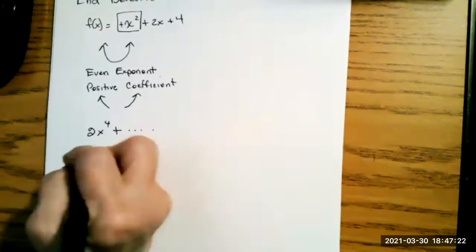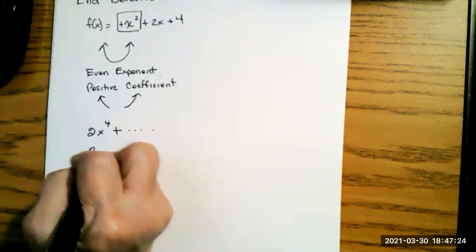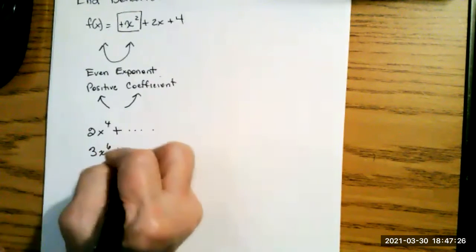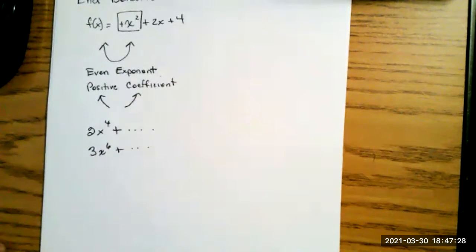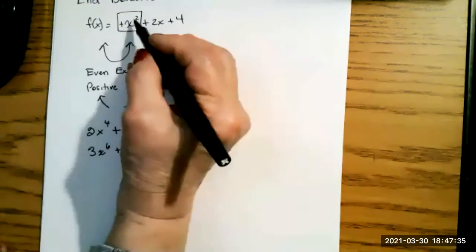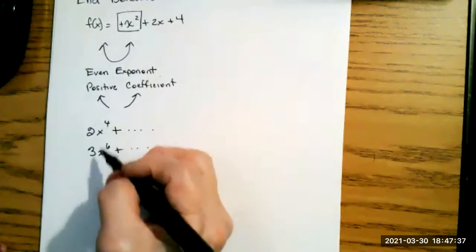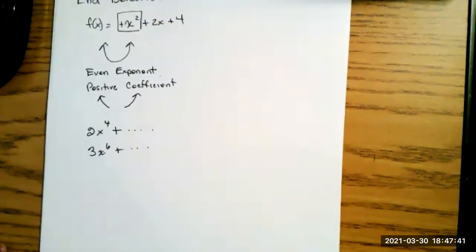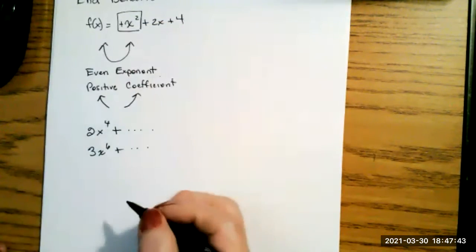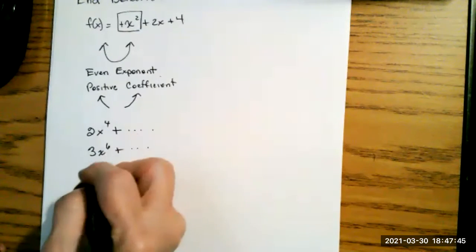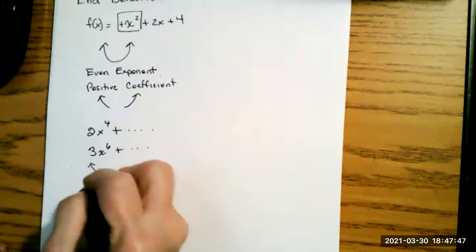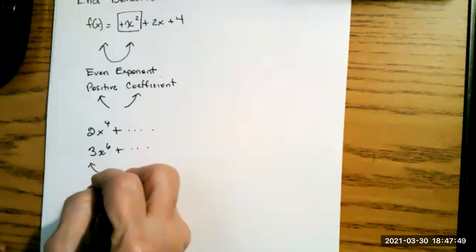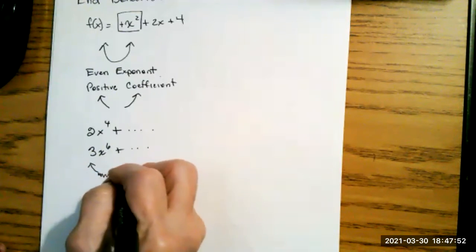It could be like 3x to the 6th plus dot, dot, dot, something, something, something. Any of those, okay? It's got to be an even exponent and a positive coefficient. Whatever's in the middle, I don't exactly know what's going to happen there, and sometimes they put these little curly Q things in there.